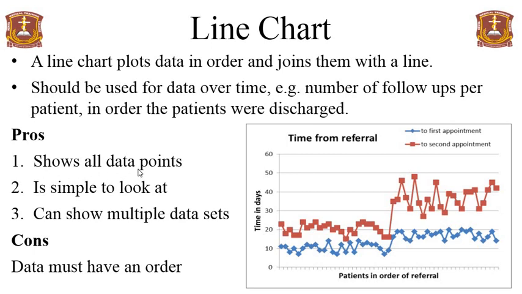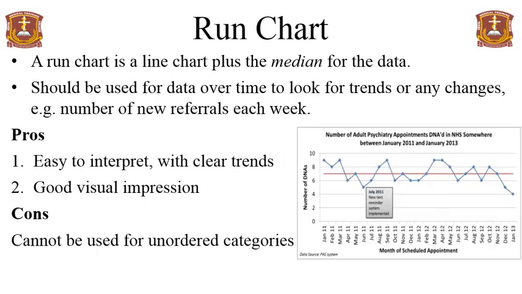So we can see all data points in this kind of plot. It is simple to look at. Yeah, we can see multiple data sets. Yeah, the biggest disadvantage here is that data must have an order. If not, you will find issues with giving specific data for specific time. That makes it difficult to use a line chart.